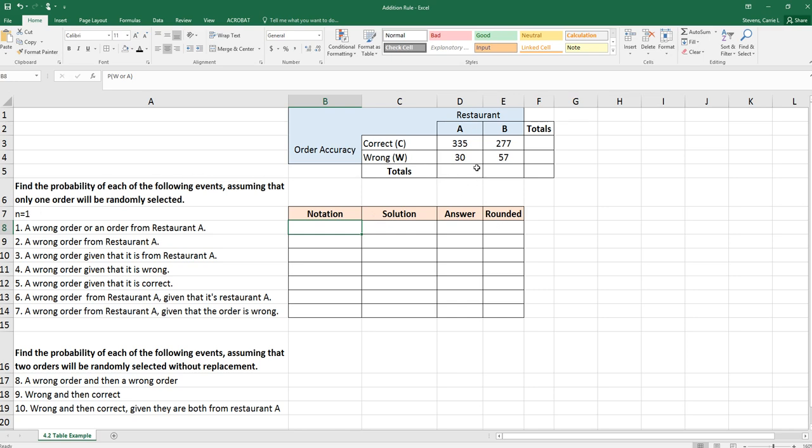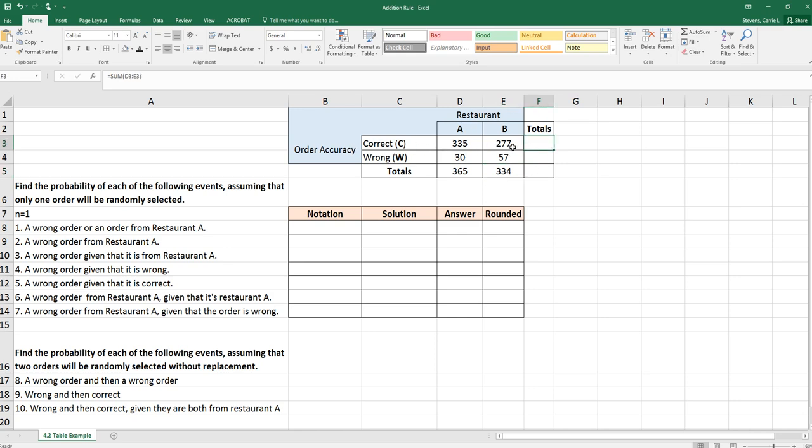Now, before we get started, it's a good idea to come up with your totals, which I did already. I'm going to just be revealing each cell. For restaurant A, I added up the 335 and the 30 to get 365. For restaurant B, same thing: add up 277 plus 57 to get 334.